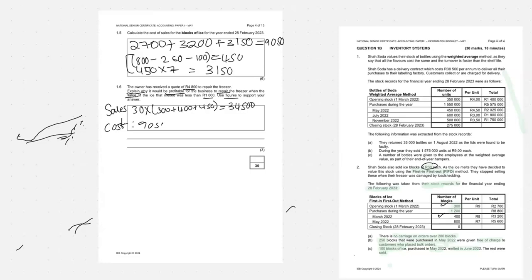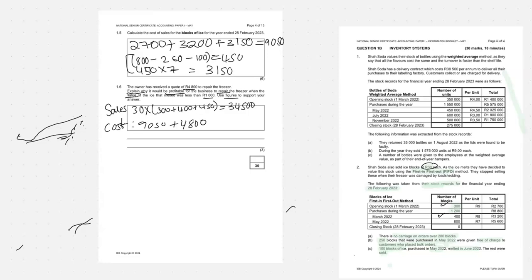And then remember, we have the 100 blocks of ice. We didn't willingly give that up. It was lost because of a fridge that was damaged. So that was a loss that we suffered there. So we need to calculate the cost of that as well.